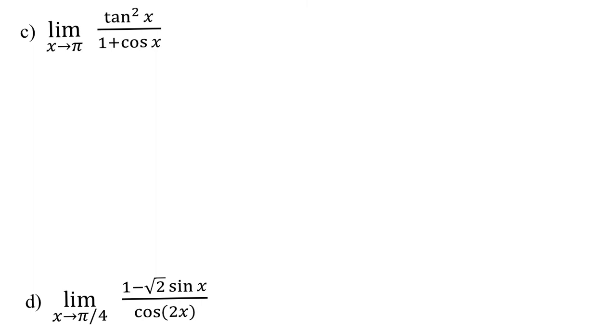There's many ways to work with these. I think I'm going to turn it into sine and cosine, although multiplying by the conjugate I feel like would be a really good strategy as well. Okay, I'm going to change tangent squared into sine squared over cosine squared.